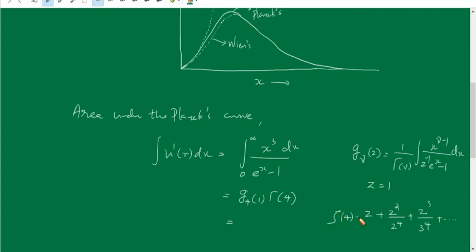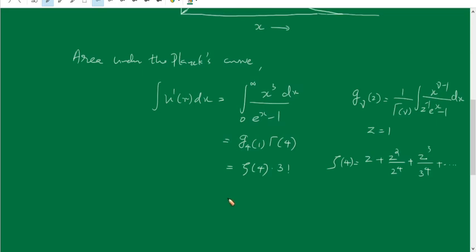Therefore we can write this integral as zeta of 4 into gamma of 4, that is 3 factorial.